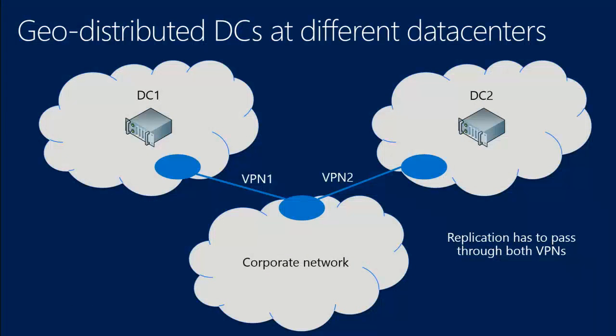If you decide that you want to geo-distribute your AD across different data centers, then you'll have a virtual network in one data center, a virtual network in another data center, and you will have to replicate through your own on-premises.